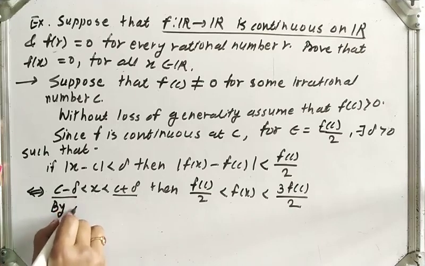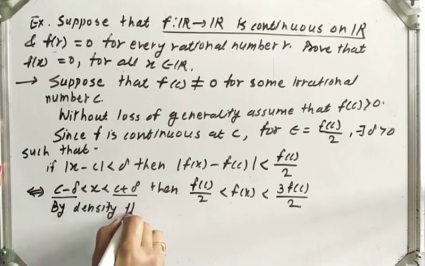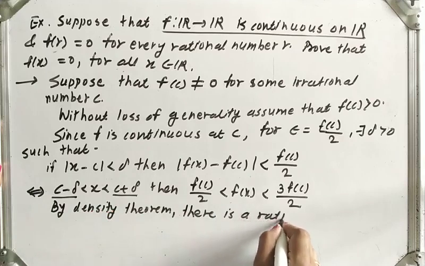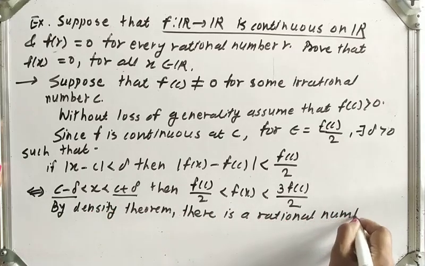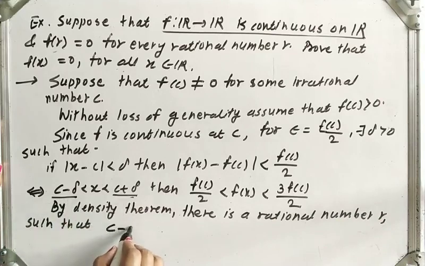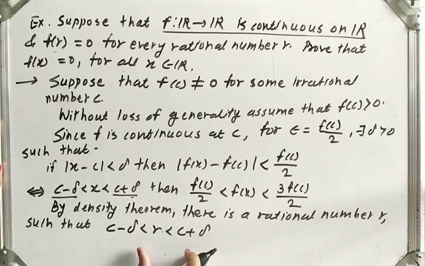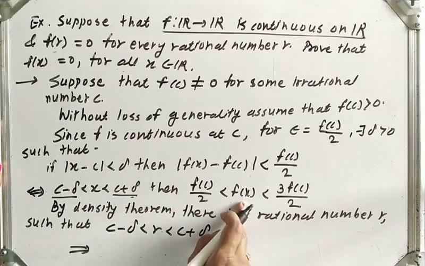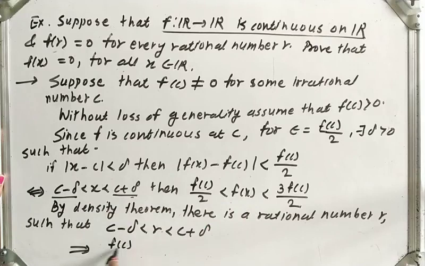So by density theorem, there is a rational number r such that c minus delta less than r less than c plus delta. What this implies? r is between these two numbers. Then let us replace this x by r here. So f of c upon 2 less than f of r less than 3 f of c upon 2.